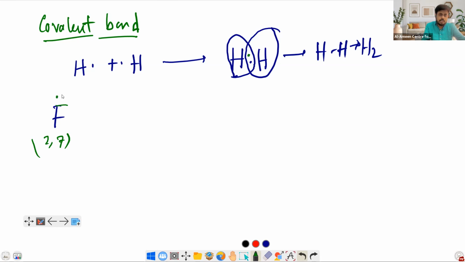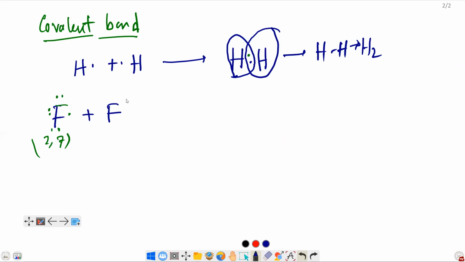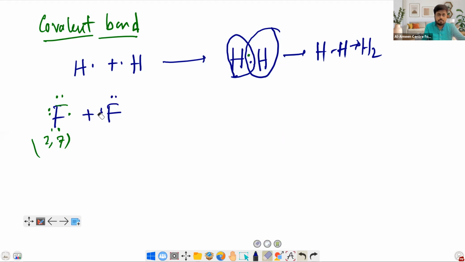So that means 1, 2, 3, 4, 5, 6, and 7. The last shell we have 7 electrons, right? Yes.